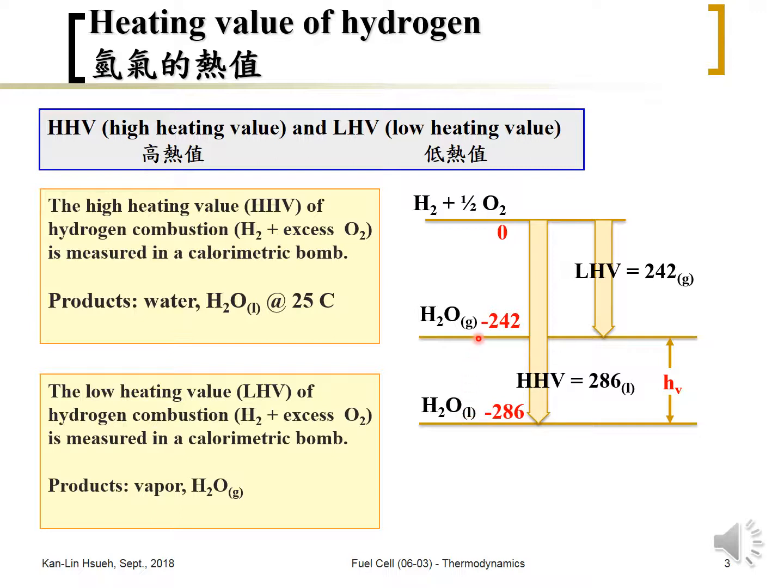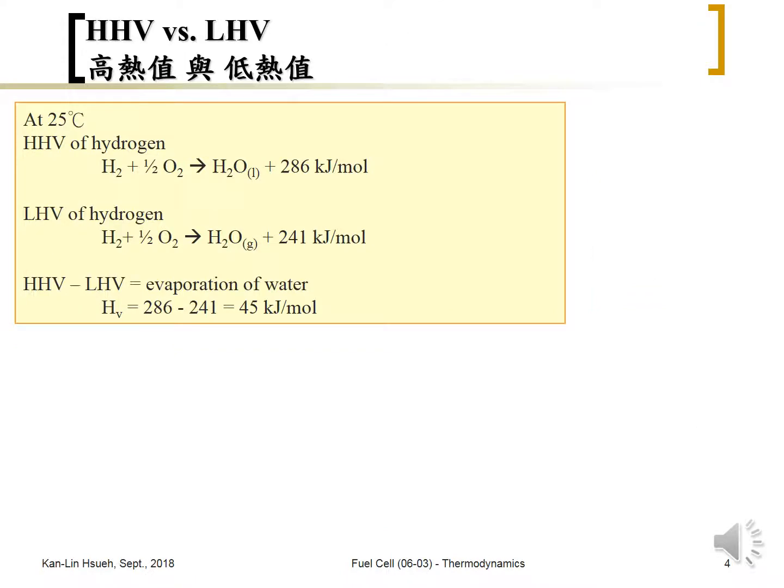If the initial state is water vapor and the final state is liquid water, then we call it the heat of condensation. It is the latent heat between the gas phase and the liquid phase. The difference between the high heating value and the low heating value, as mentioned, is equal to the latent heat of evaporation of the water.